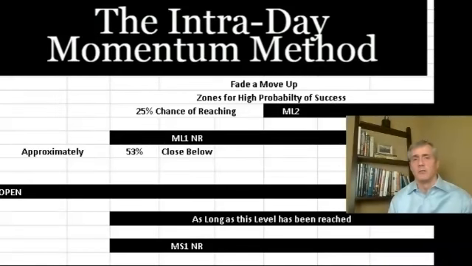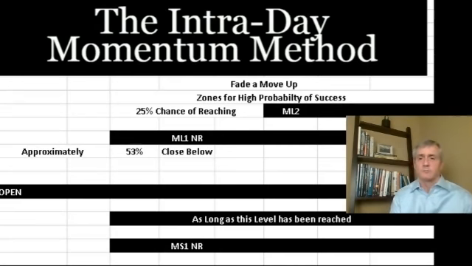So basically, we found out that if you get this move that is rather significant to the other side of the open, it's not likely that you get a close above the ML1, and the chance of reaching the ML2 was greatly reduced.